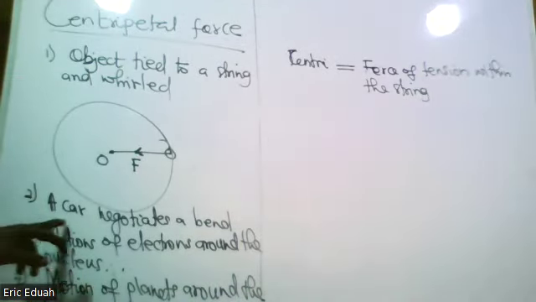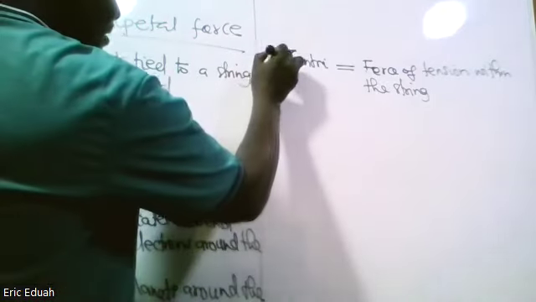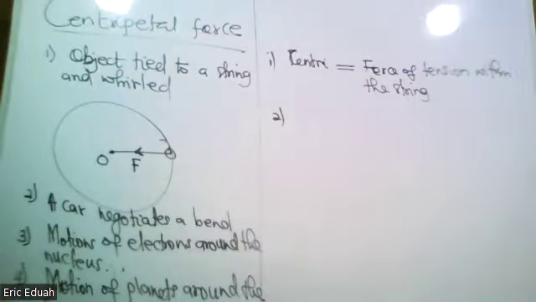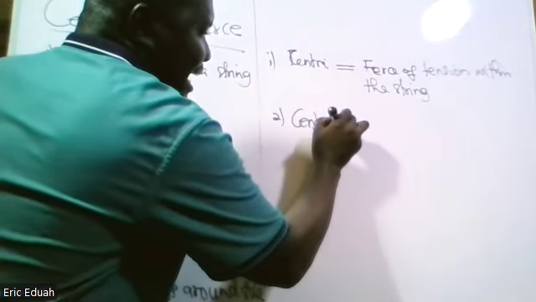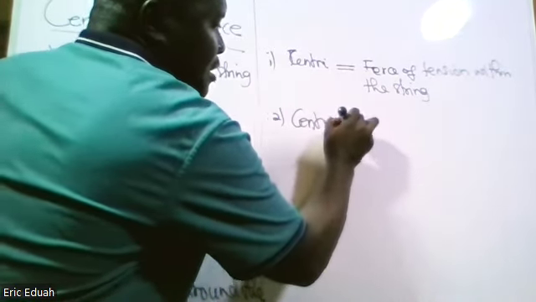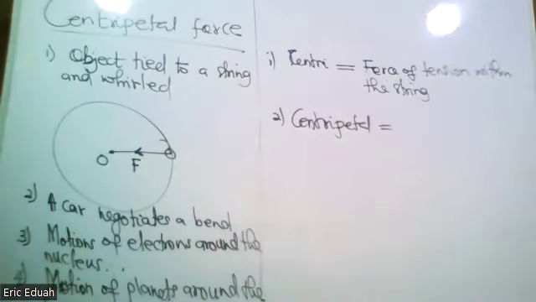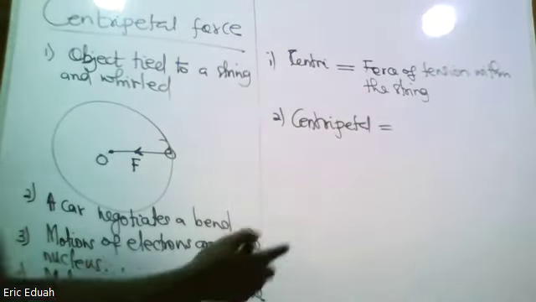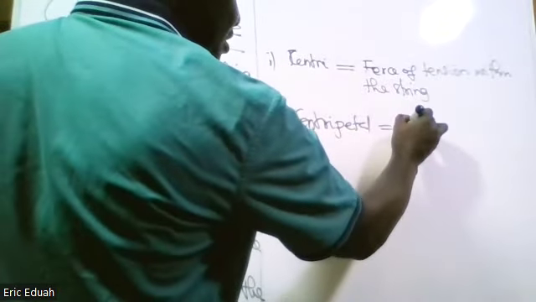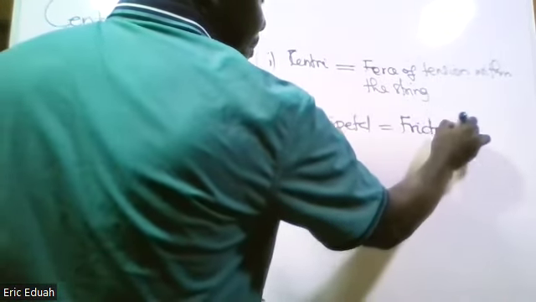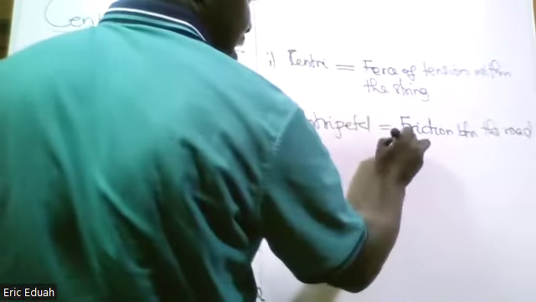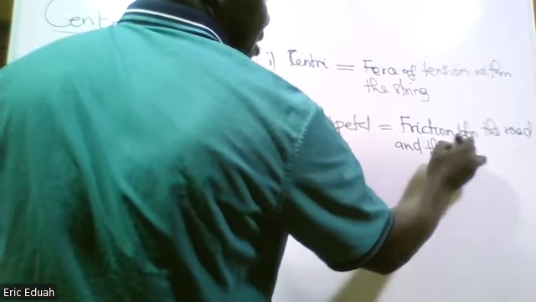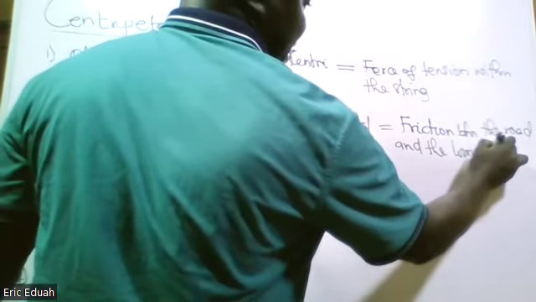Two, a car negotiating a bend. In the case of a car negotiating a bend, the centripetal force is provided by the frictional force between the road and the tire, the lorry or the vehicle tire.